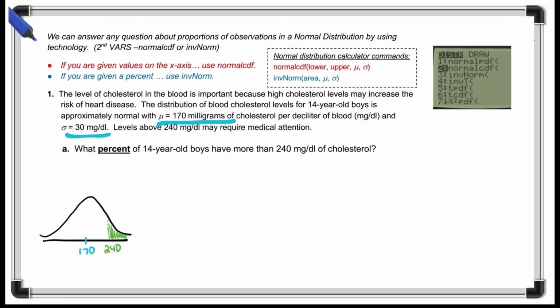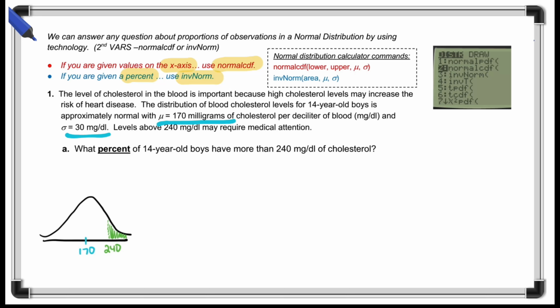If you are given values on the x-axis, those x values, those numbers, you're going to use normal CDF. That's to help you find the area or probability under the normal curve. And if you are given a percent, you're going to use inverse norm. That helps you work backwards to find your information.